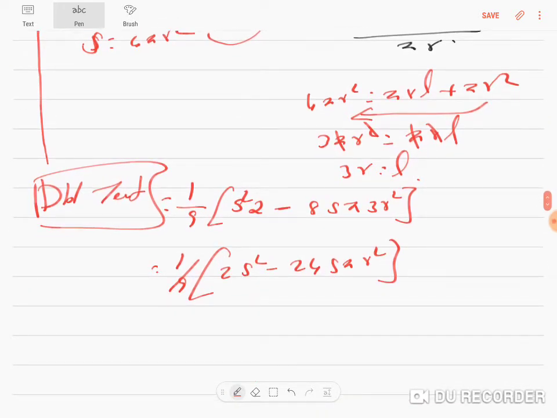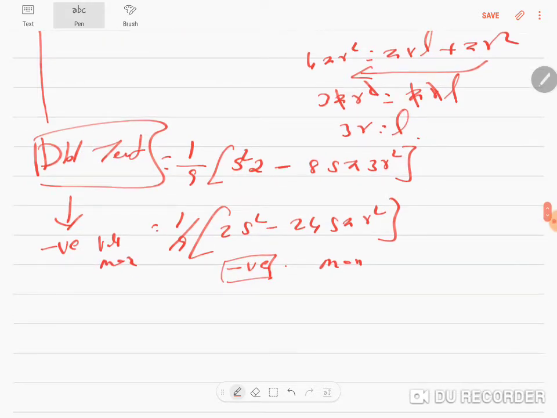So this is the differentiated value. To find out whether this is positive or negative, what do we do? Because you have maxima, the double differentiation must be negative for the value to be maxima, correct? So how to find out this is negative? 24S pi r square.